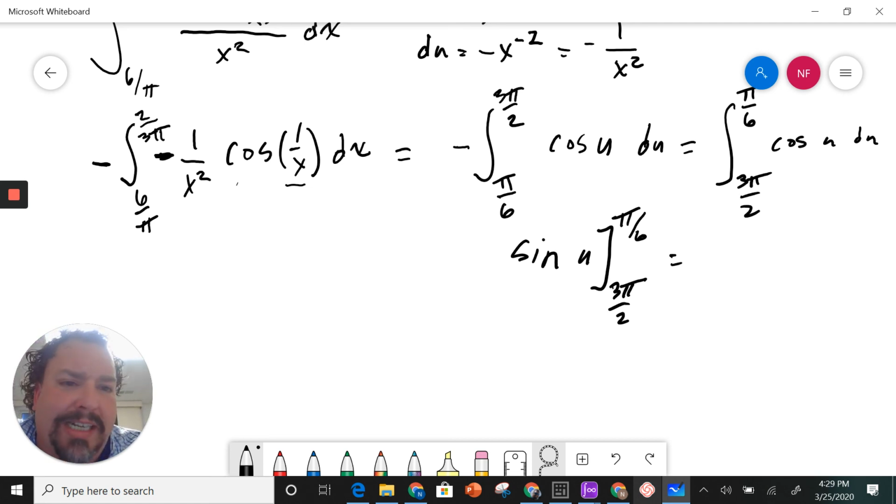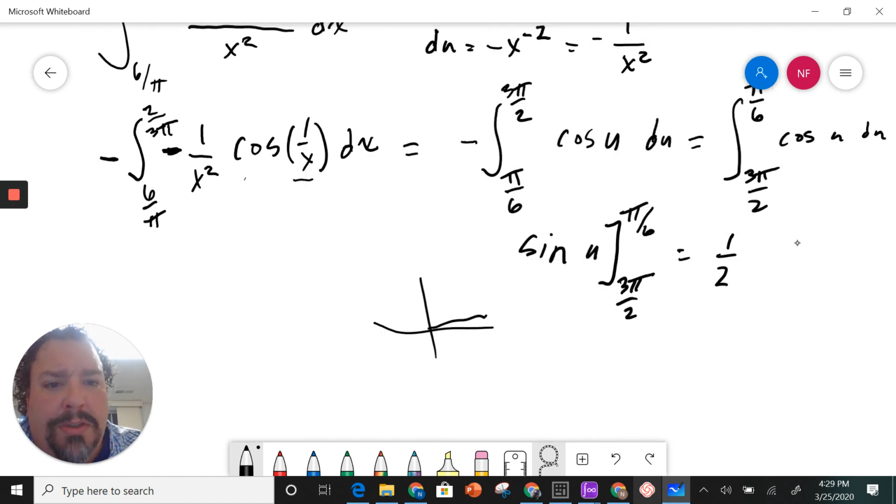Have to use your special triangles to get these. Think about sine of pi over 6. Pi over 6 is 30 degrees here. What is sine of 30 degrees or pi over 6? You should get 1/2. And then we're going to go over to 3 pi over 2. Where is that going to be? There's pi.